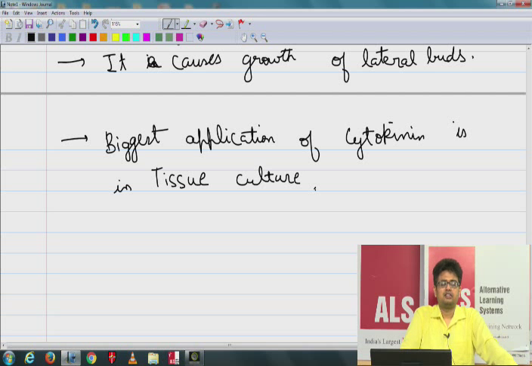There are some plants in the Northeast which were endangered. There are some very beautiful orchids which were considered endangered. Why? Because orchids produce the smallest seeds known in nature, and they were not reproducing very properly. So what did scientists do?